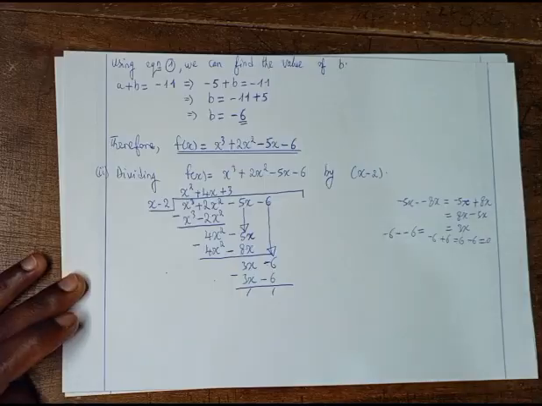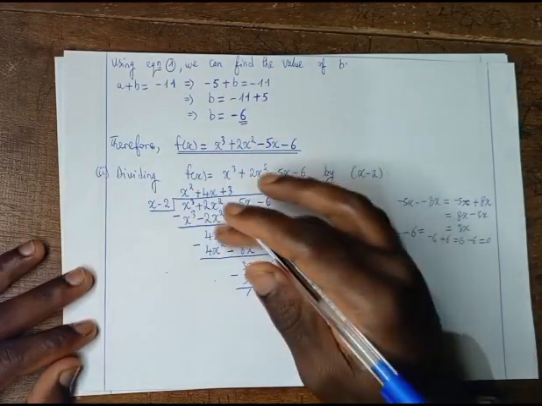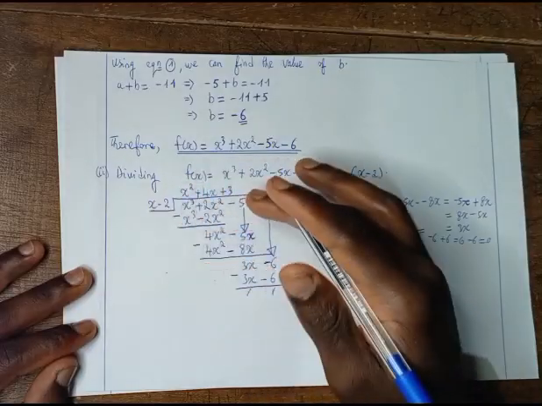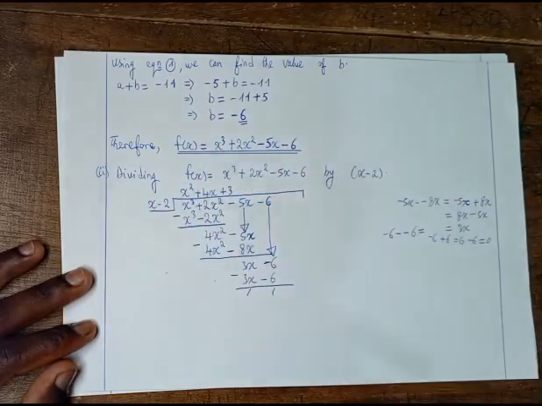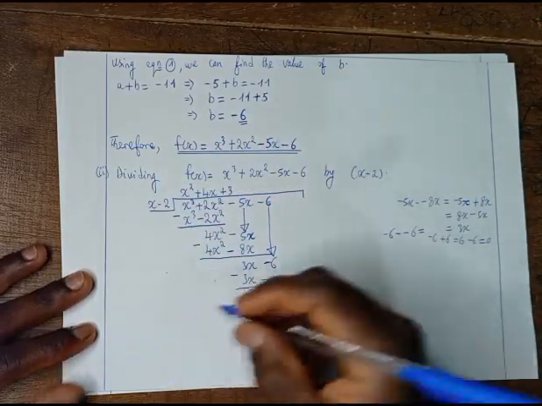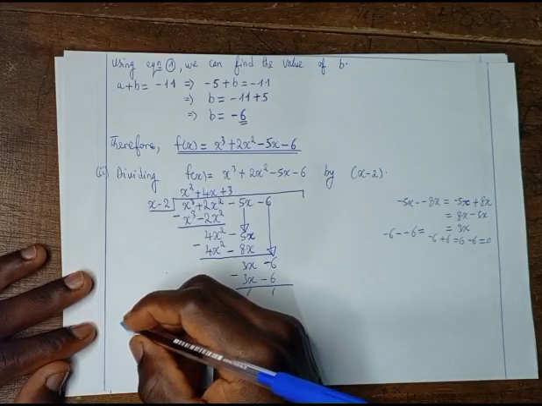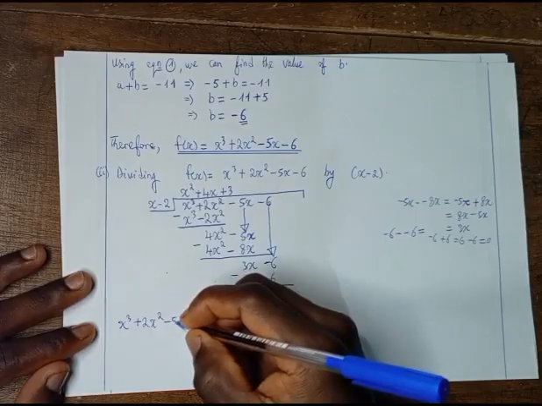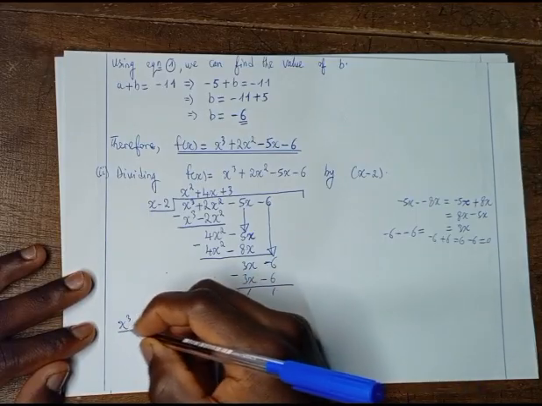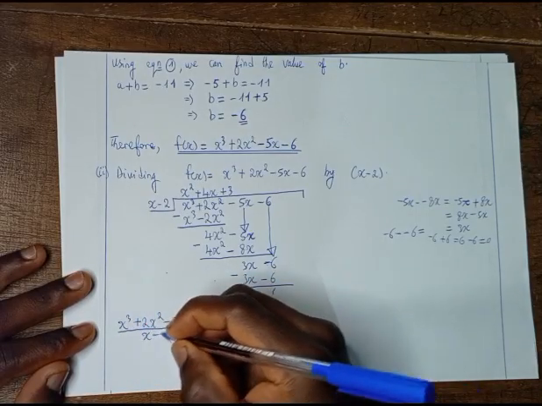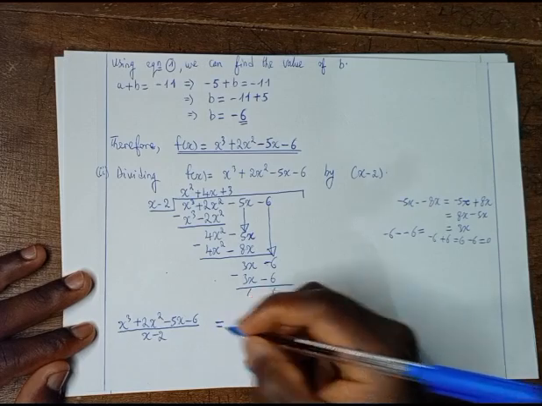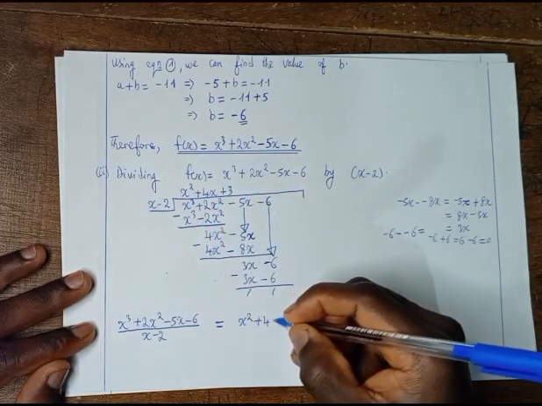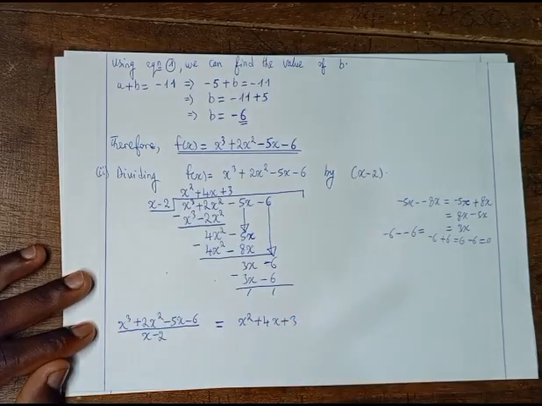Now, since the remainder is 0, it simply proves that x minus 2 is a factor of f of x. We can express our polynomial; let's write it down as such. It simply means that if we divide x cubed plus 2x squared minus 5x minus 6 by x minus 2, we will obtain a quotient of x squared plus 4x plus 3.